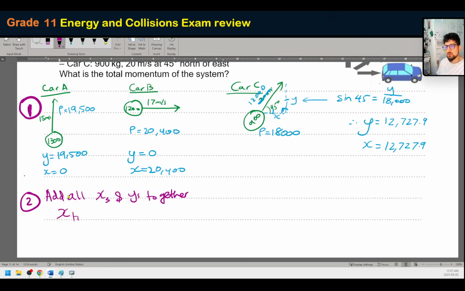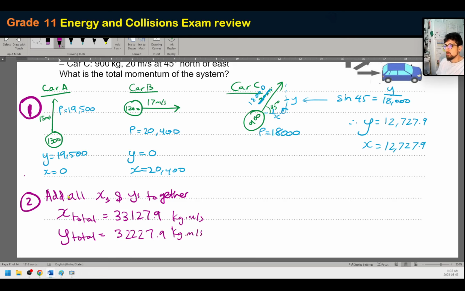So x total will be and y total will be. The x total is going to be 20,400 plus 12,727.9, so the x total is going to be 33,127.9. The y total, on the other hand, is 19,500 plus 12,727.9, and that's going to equal 32,227.9 kilograms meters per second.